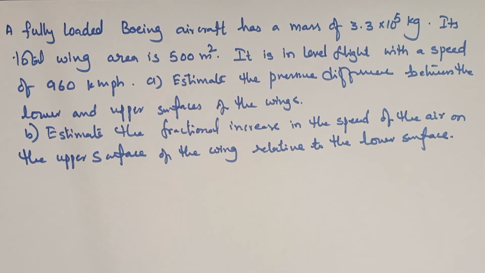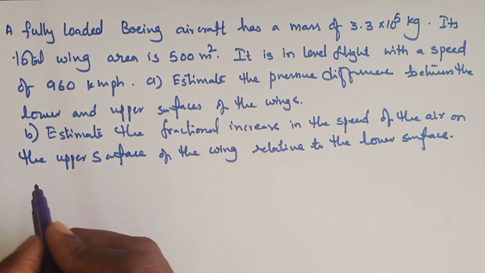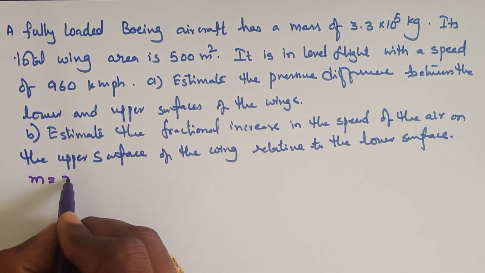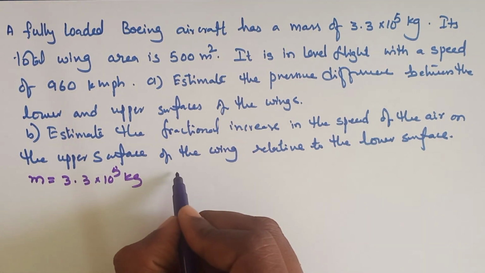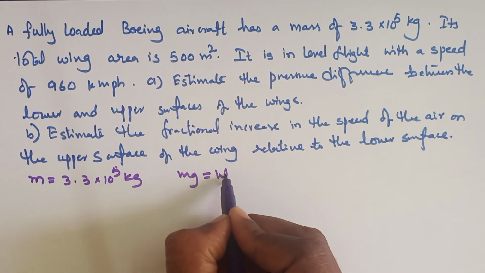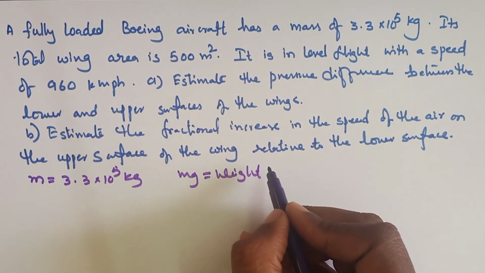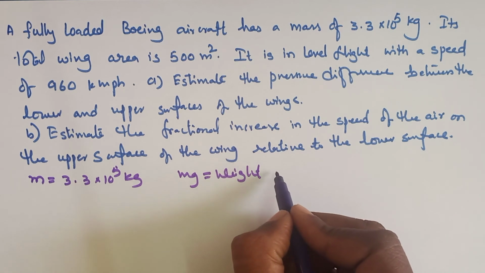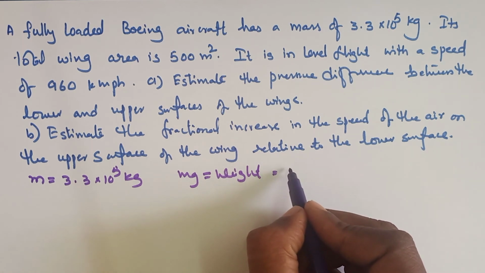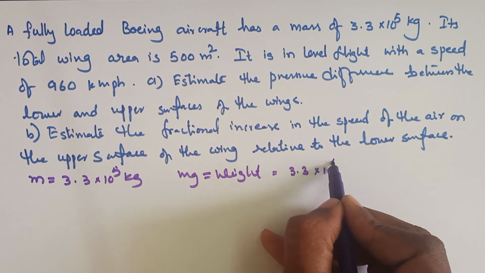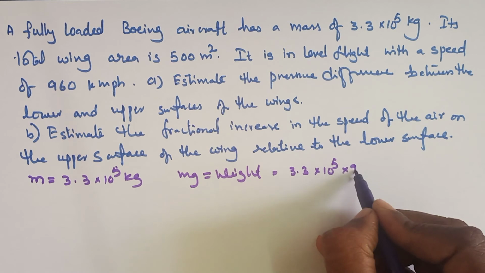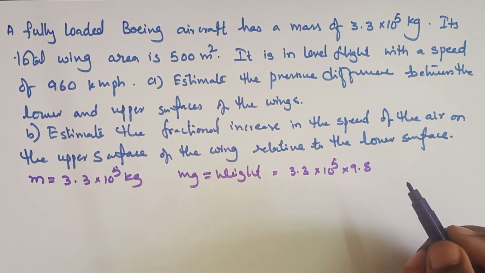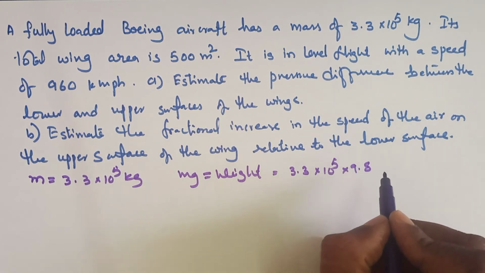So, a simple problem. A fully loaded Boeing aircraft has a mass m equal to 3.3 into 10 power 5 kg. So the weight mg is 3.3 into 10 power 5 into 9.8, which we can calculate.